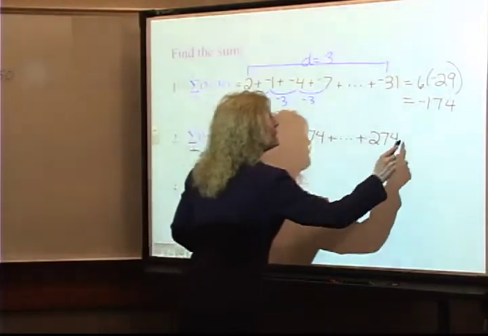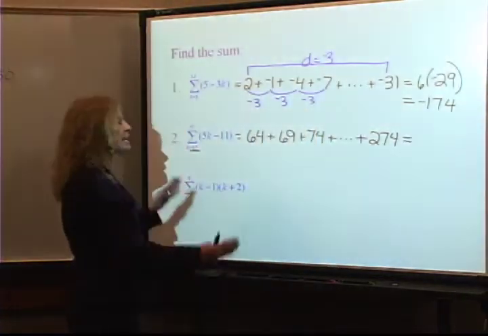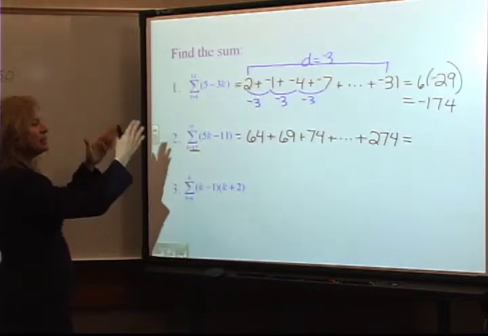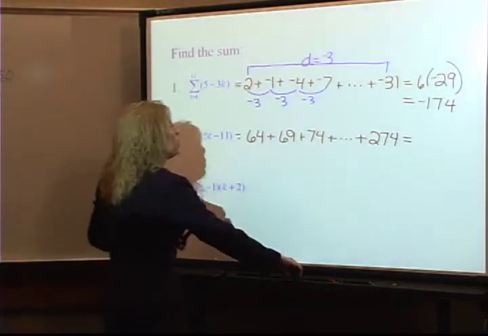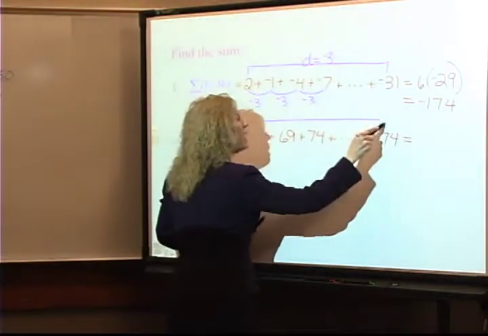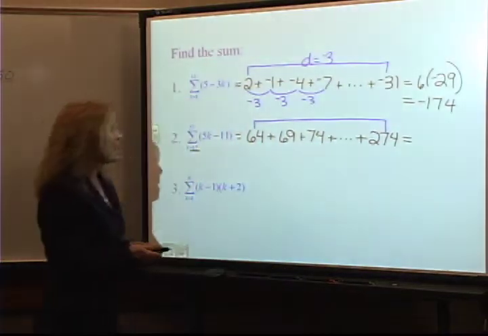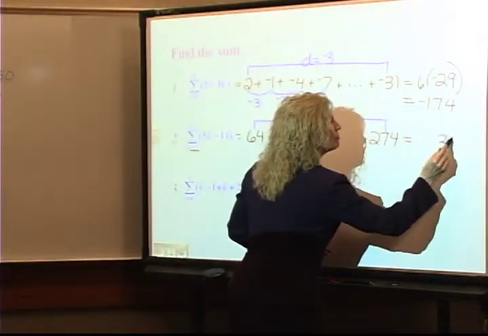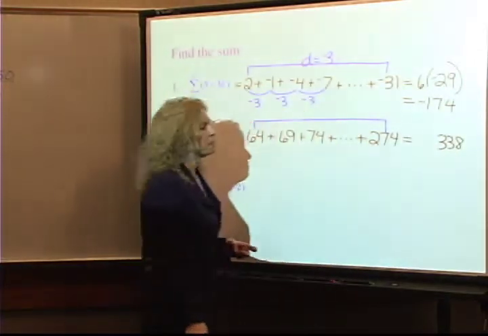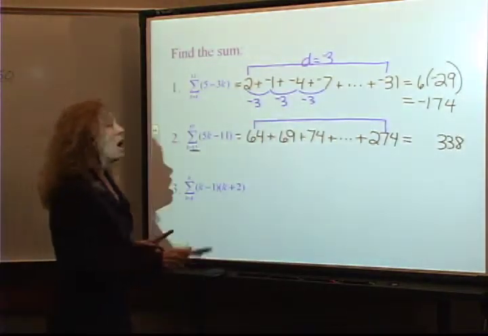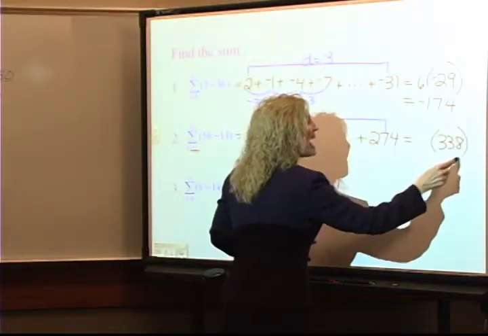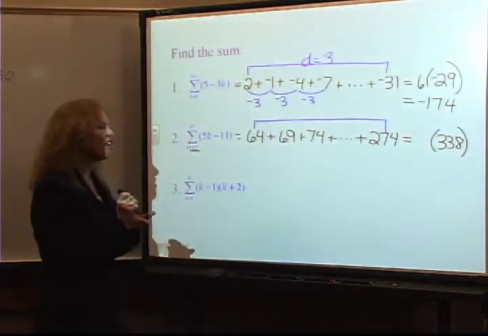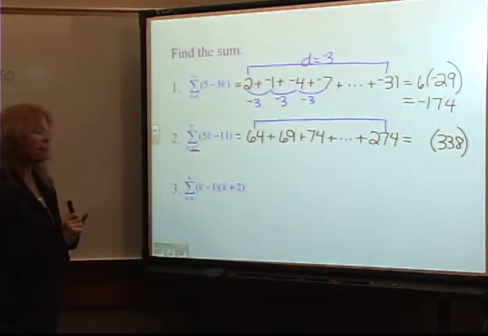Well, since it is arithmetic, I can do that whole idea of adding the pairs. So, adding these two outside numbers, I get what? 338. Now, I need to multiply that times how many pairs of numbers I'm adding up.